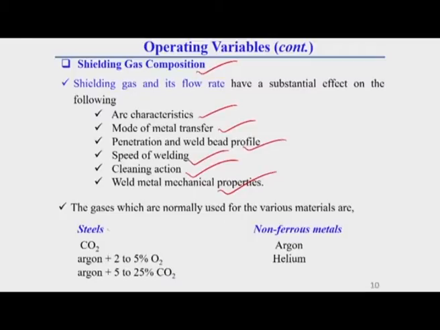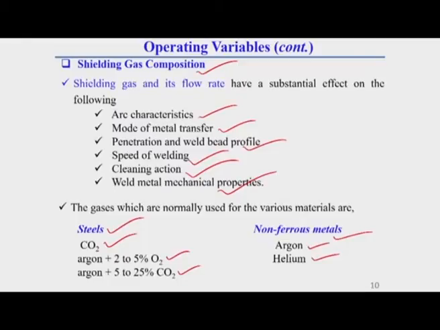For steel material, three different gas mixtures are generally used: carbon dioxide; argon with 2 to 5% oxygen; and argon with 5 to 25% carbon dioxide. If it is a non-ferrous material, then argon or helium is used separately.